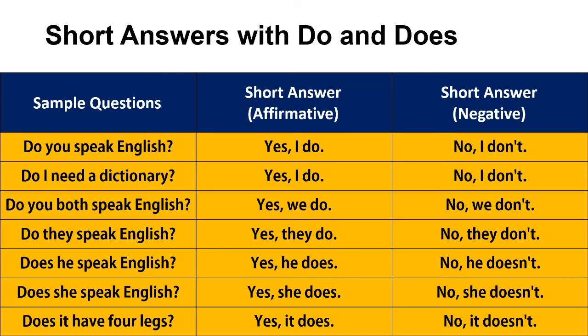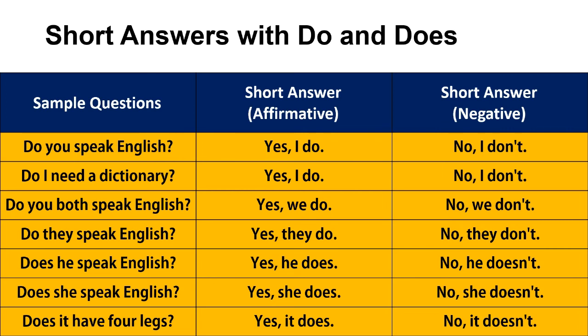Children, hope all of you understood today's concept, the usage of do, does and did in framing affirmative, negative and question sentences. So to sum up, let me recap what we have learned.